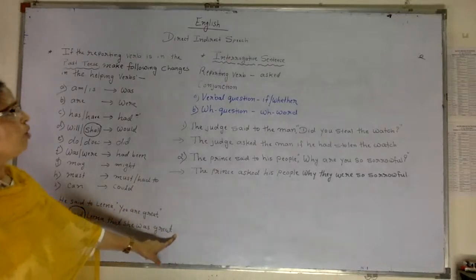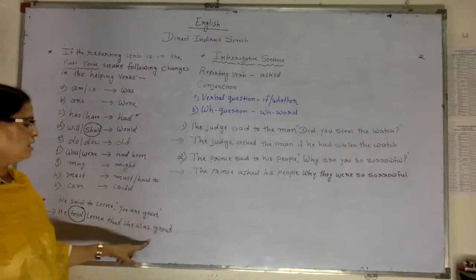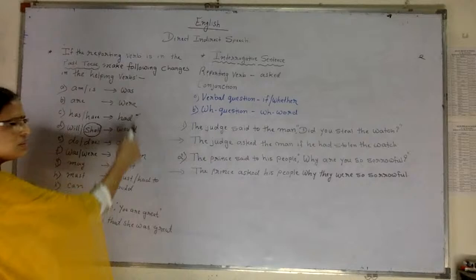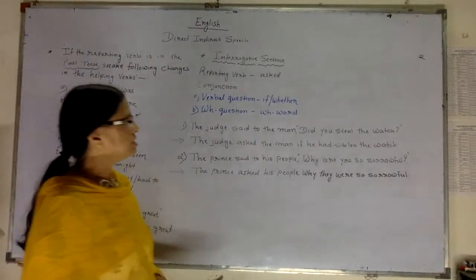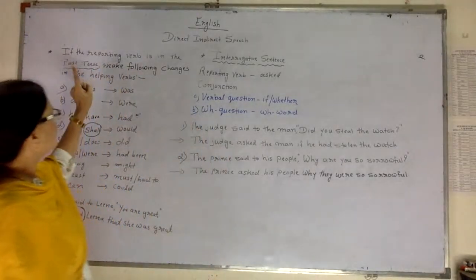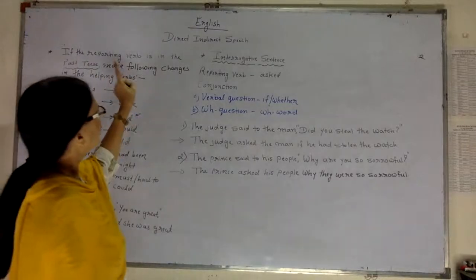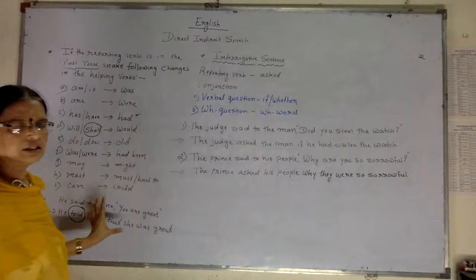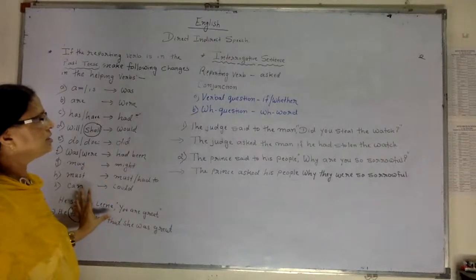Remember that all the sentences in indirect speech will always end with a full stop. So this is regarding the assertive sentence. The sentences in the inverted commas are all assertive, and we make these changes at that time.